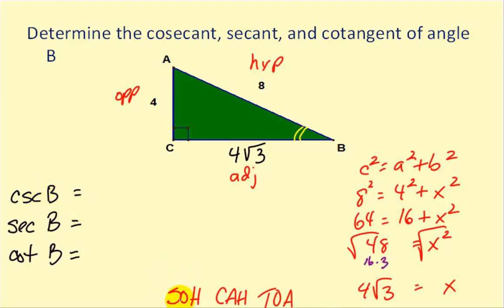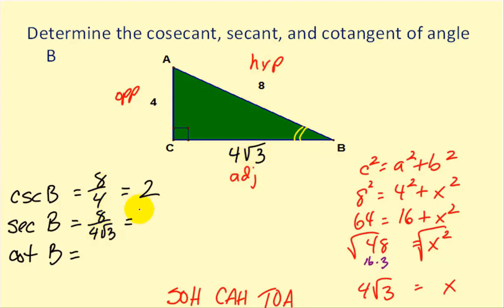So if sine is opposite over hypotenuse, cosecant would be hypotenuse over opposite. Well, starting at angle B, the hypotenuse is 8, and the opposite is 4. So we'd have 8 fourths, which equals 2. Secant is the reciprocal of cosine. So if cosine is adjacent over hypotenuse, we want the hypotenuse over the adjacent, which would be 8 over 4 square root 3.